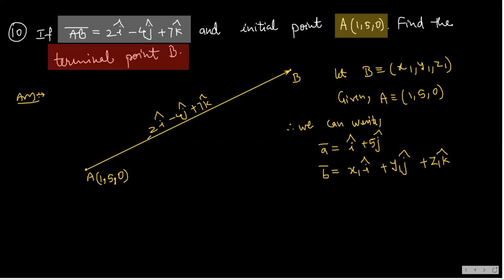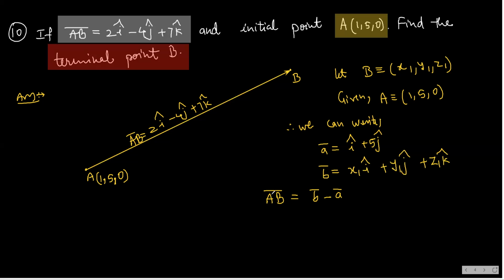Okay, now I'm given AB bar, vector AB bar is already given. So I will write AB bar equals, by the definition of displacement vector, vector AB bar can be expressed as the position vector of point B minus the position vector of point A, that is B bar minus A bar.